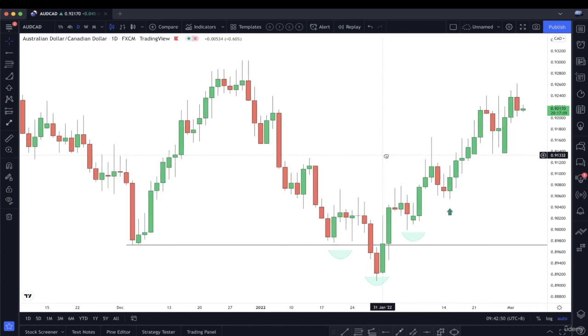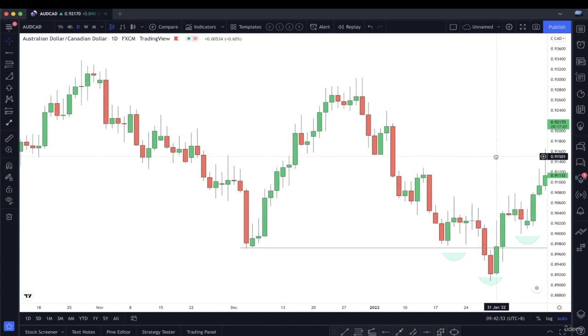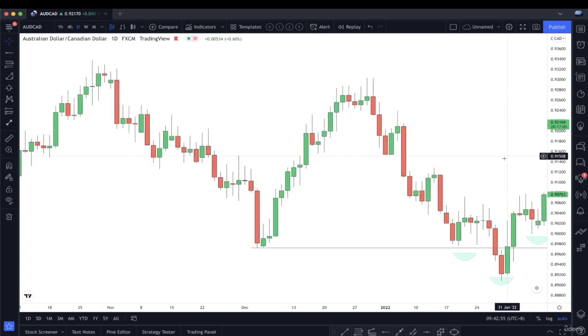So at this point, I'm already looking to buy. I can either wait for a breakout of this pattern, so a breakout of this neckline, or I can wait for a breakout and then a retest. So at that time, I decided to wait for a retest or a pullback.